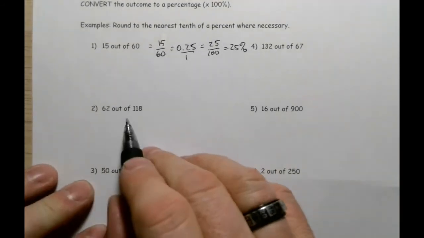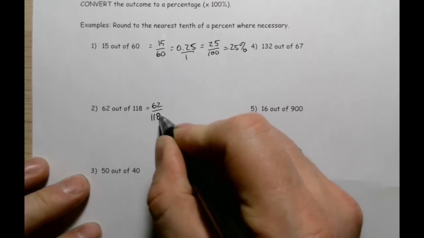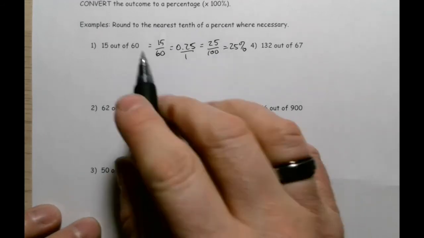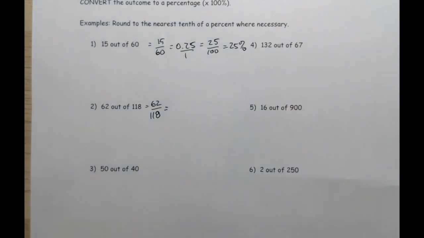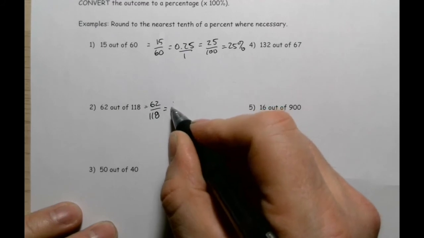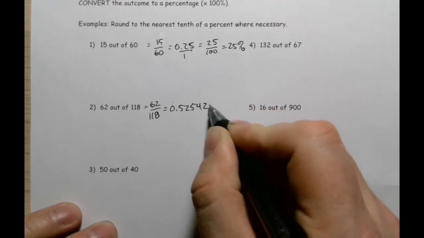So 62 out of 118. Okay, well, I do that on my calculator. 62 divided by 118. Hoo boy, and I get a big number here. It says round to the nearest tenth of a percent. Okay, tenth of a percent, which means I get 0.52542.